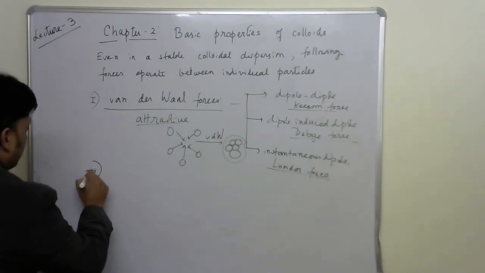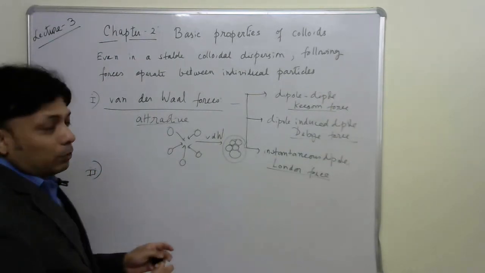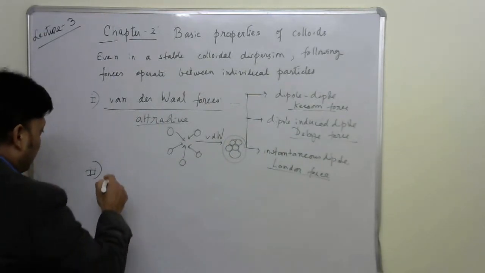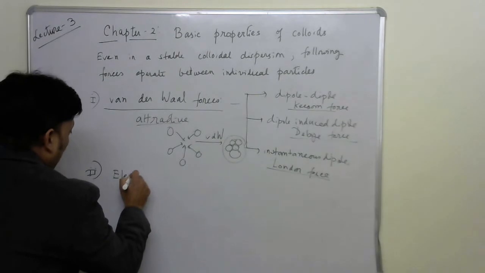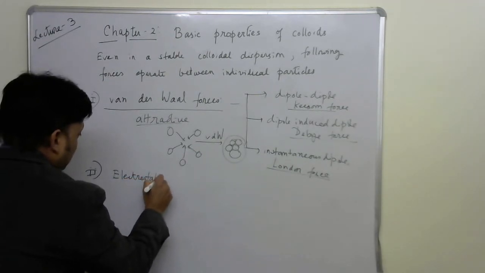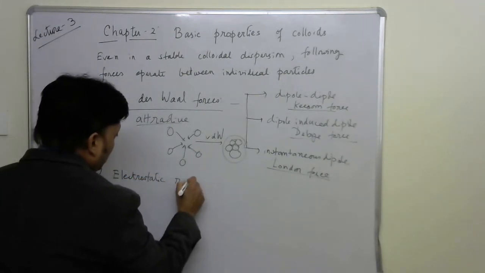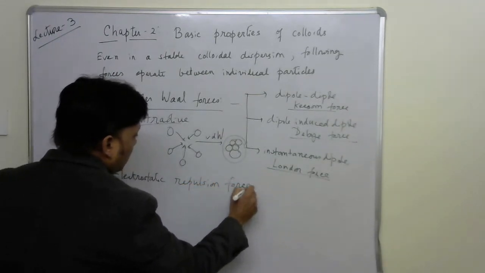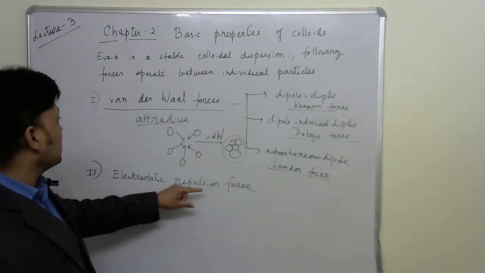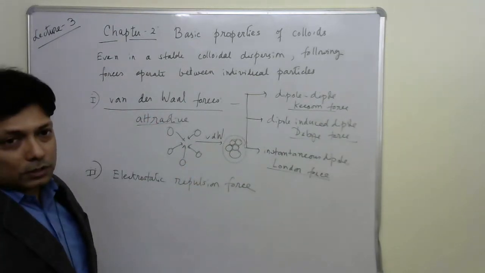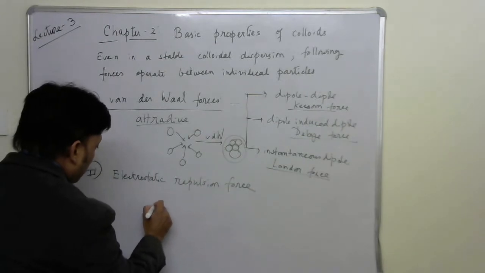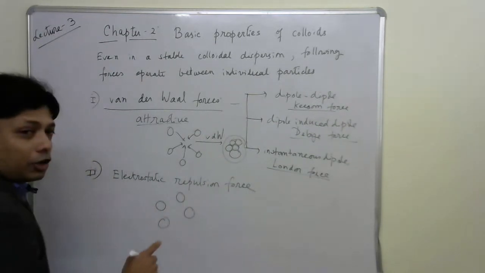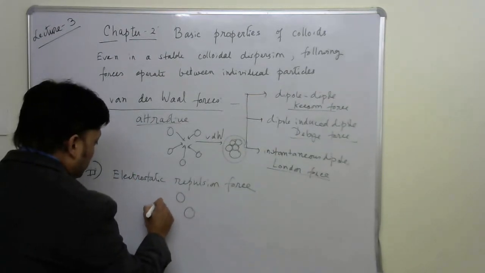So the second type of force that we can think of is a repulsive force, and this time it actually comes from electrostatics. So an electrostatic repulsion force actually counterbalances these van der Waals forces. That means we can think that these individual particles are charged, meaning they have some charged surface.